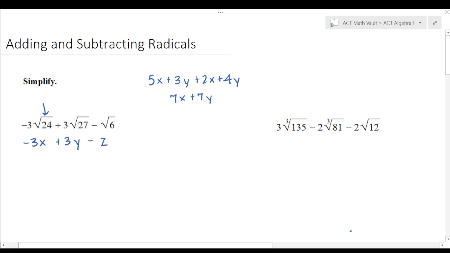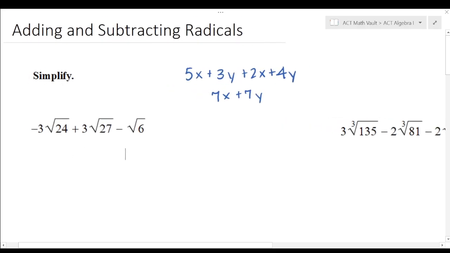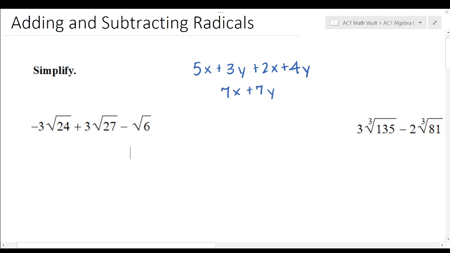Those three terms are not like terms. So right now, nothing is able to be combined. Nothing matches.